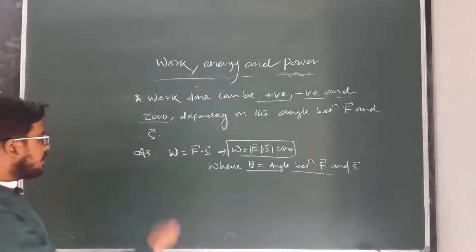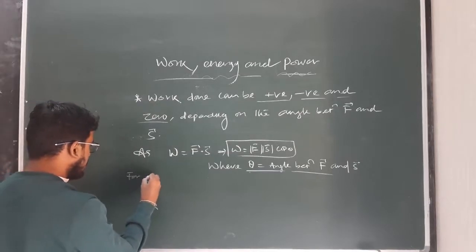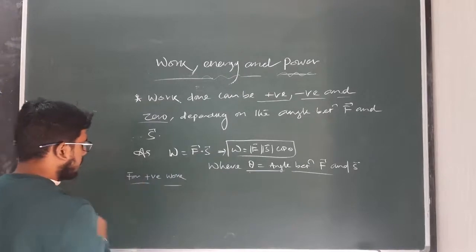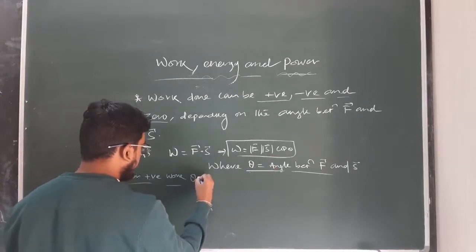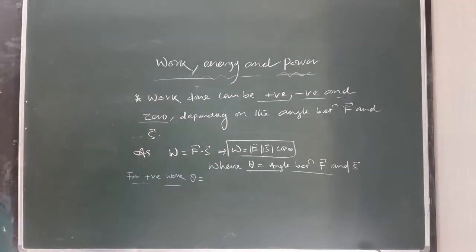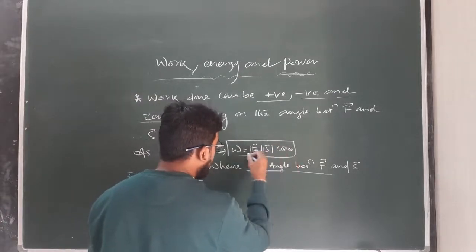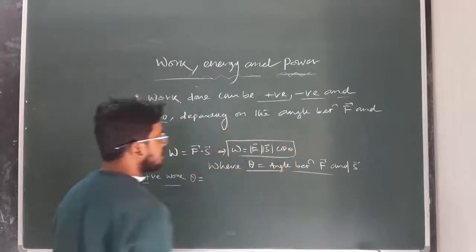Clear? So for positive work, theta must be equal to how much? If work is positive, since F and S are mods, the cos value must be positive.